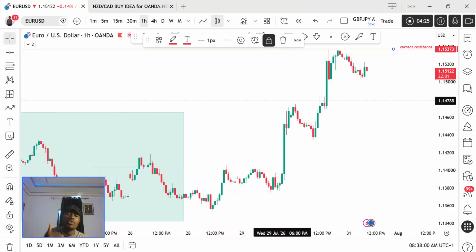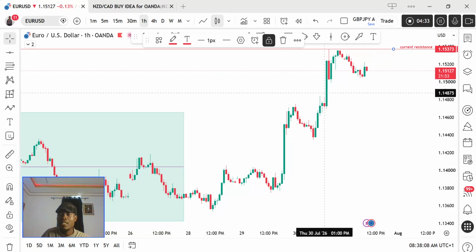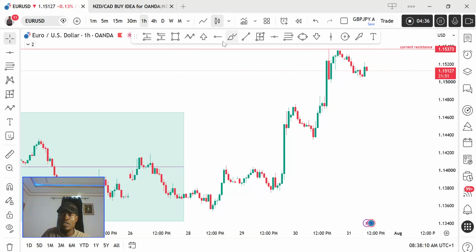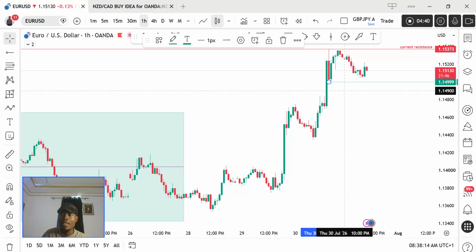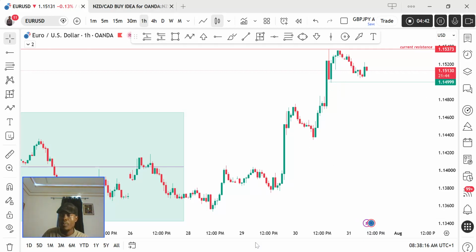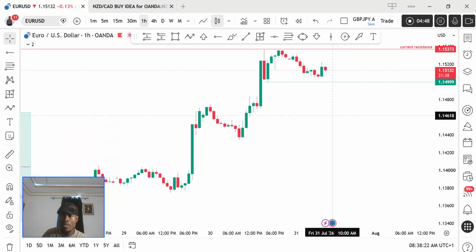Now, for us to position for a sale, and before we can accept to sell this market from here, we can wait to see if price is likely going to break through this mini support level here. Yes, we have a mini support around the 1.14399. So this is where I'm talking about.